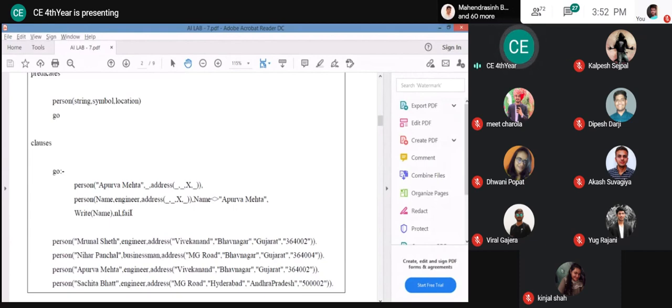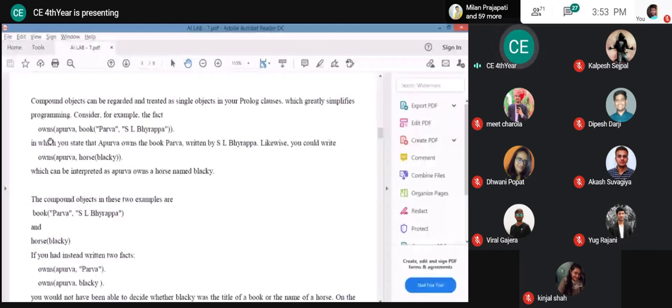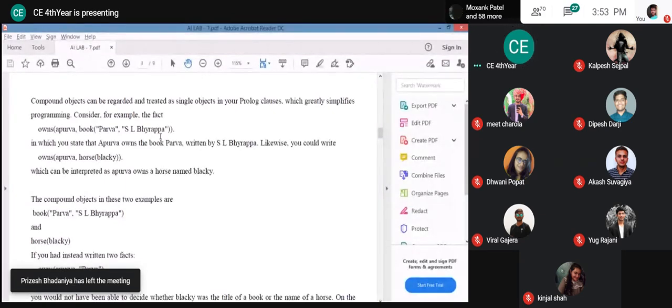Another purpose of the compound object that I want to tell you: see this particular fact, everyone. Here I have written Apurva, comma, book in brackets Parva, comma, S. L. Bhyrappa. In this, you can say that the book Parva is written by this particular author.